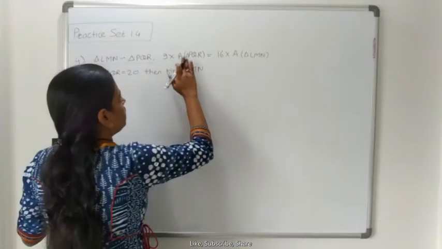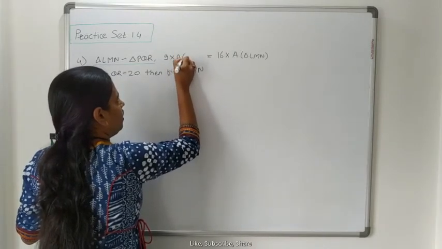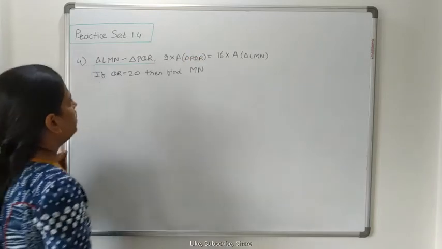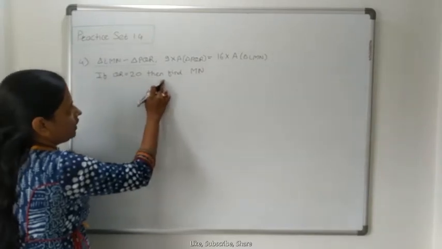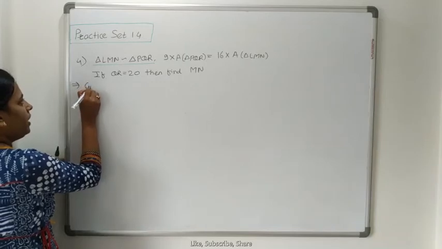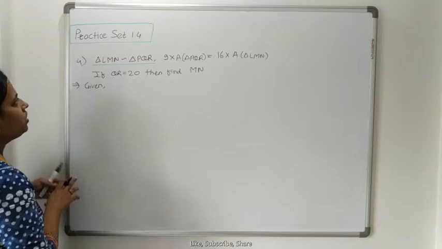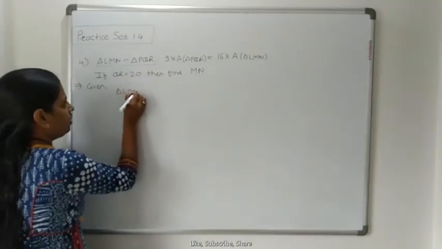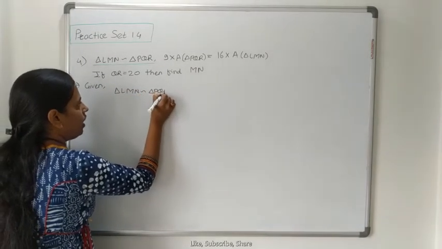Okay, this one is area of triangle PQR. And then one more thing given here, that is QR is equal to 20, and then we have to find MN. So first of all, write down the given terms as they are. What is given here? Triangle LMN is similar to triangle PQR.